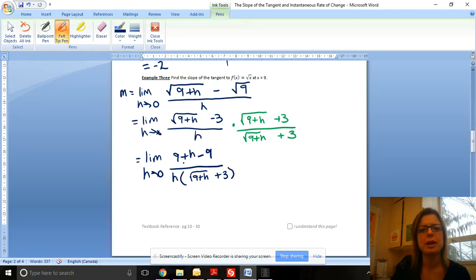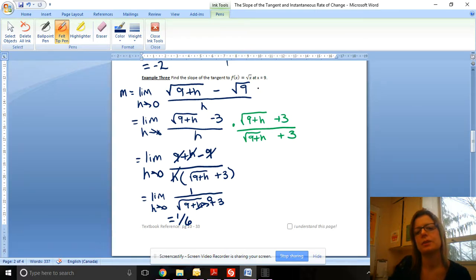Okay, so look what happens on the top. You get 9 minus 9, they cross off, and this h are going to cross off. So then you get the limit as h approaches 0 of 1 all over root 9 plus h plus 3. So now h approaches 0, so you get 1 over 6 as your final answer, because root 9 is 3, 3 plus 3 is 6.